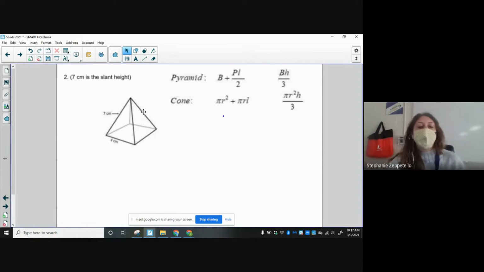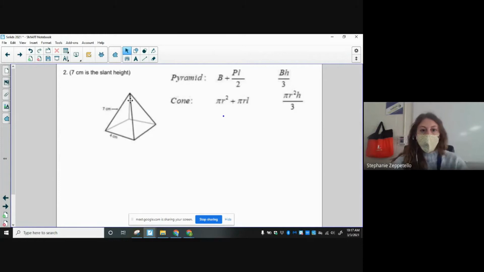So this is the other part. First of all, when we're dealing with a pyramid or cone, there are two different types of heights. And there's a really good way to remember it too that I think a lot of you will be fine with. When we're talking about the height of something, it's always the perpendicular, right? So the height of this pyramid would be from the vertex straight down.